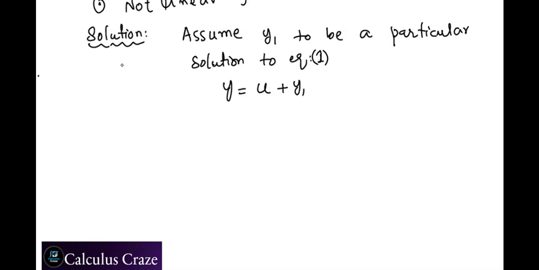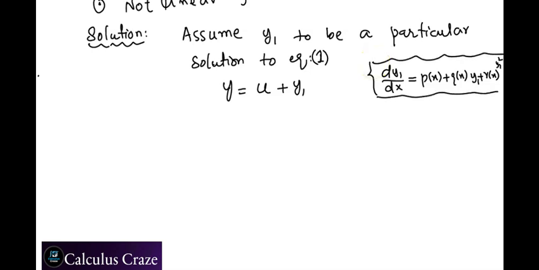Because y1 is a solution, we need to keep in mind that by default this is true: dy1 by dx, the first derivative of y1, equals p of x plus q of x times y1 plus r of x times y1 square, right? This is by default true because we will use it, so that's why I'm writing it.